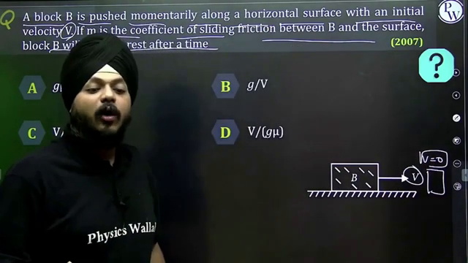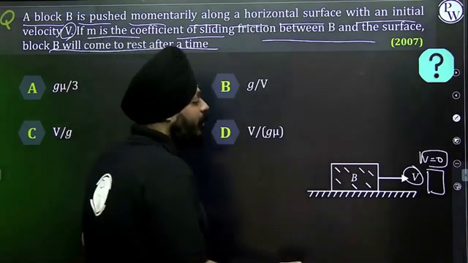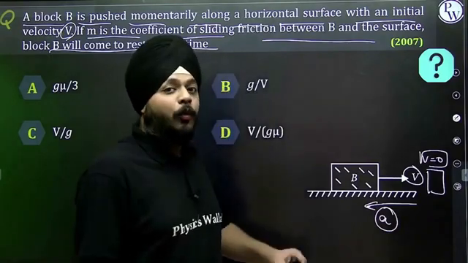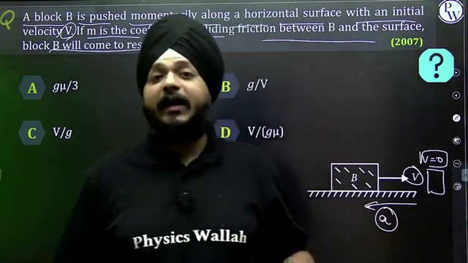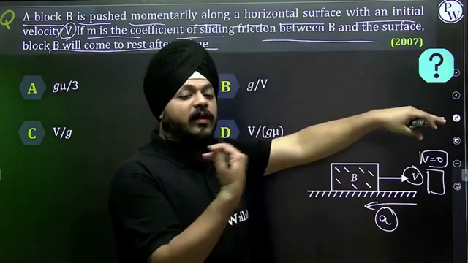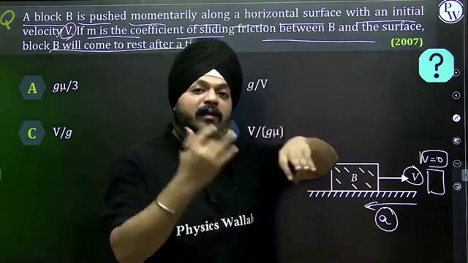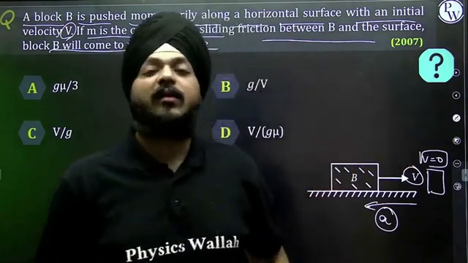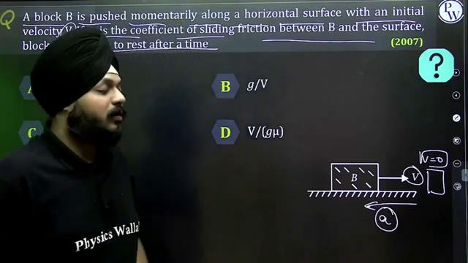It means a retardation is present that is opposing the motion of an object and decreasing its velocity. You can see the velocity is in this direction, acceleration is in opposite direction. It means acceleration is opposing the motion of an object. In another sense, it is retardation, right?